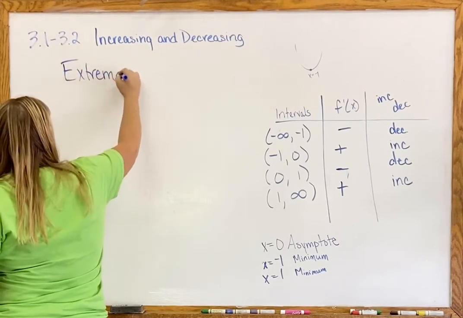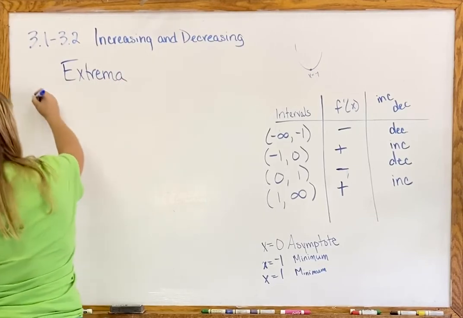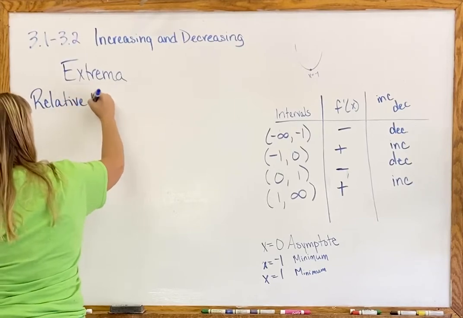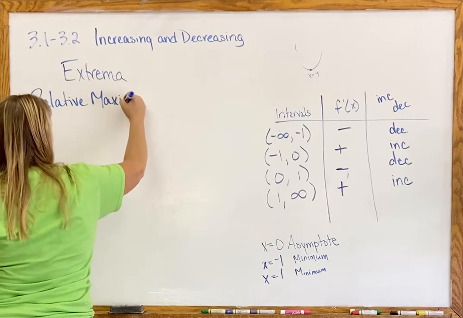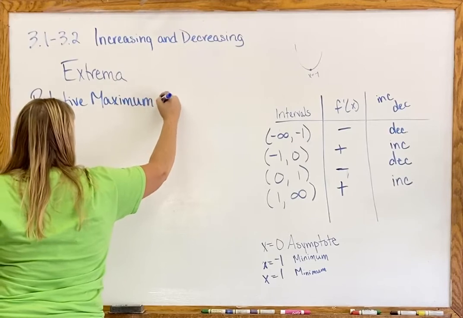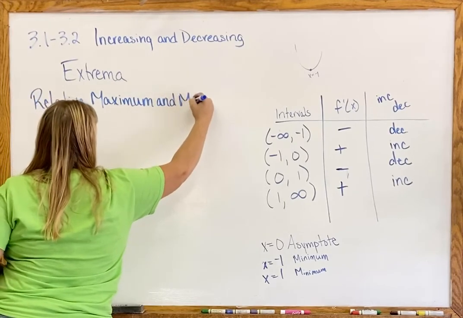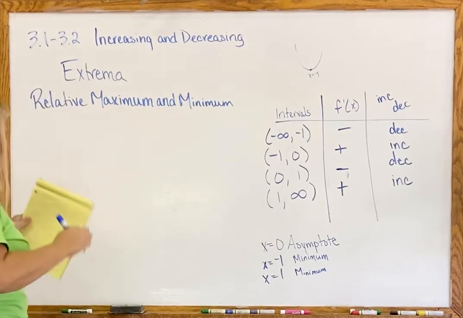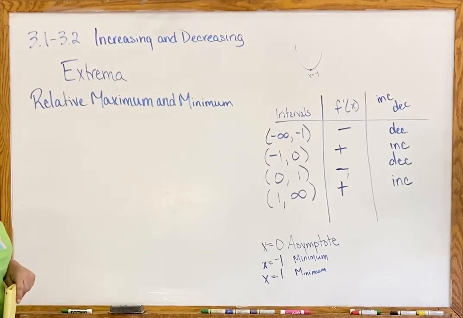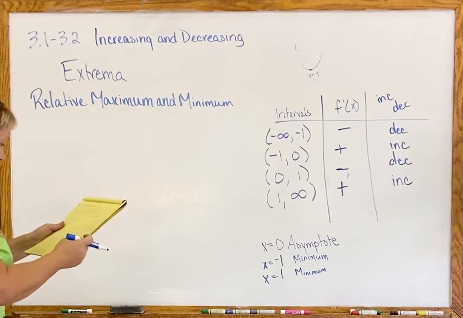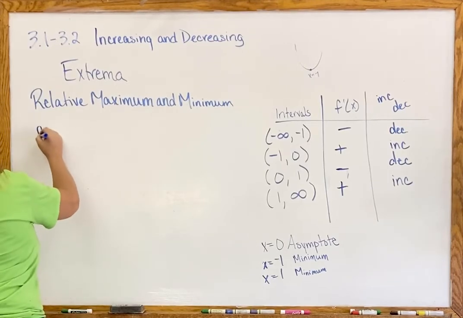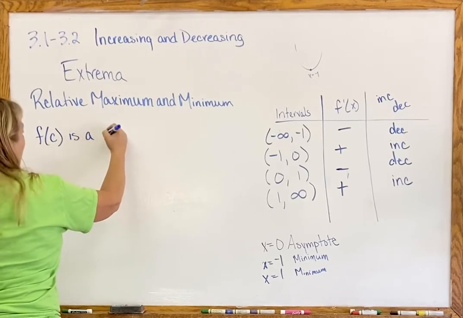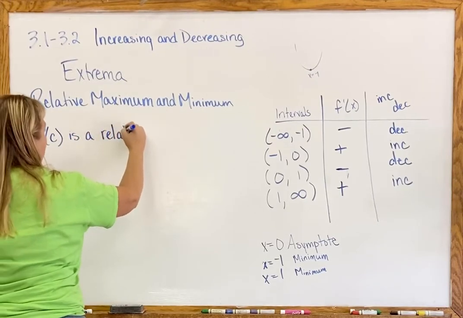So extrema. And we're going to start with the relative maximum and minimum. Okay, so the relative maximum and minimum. So we say f of c is a relative maximum.